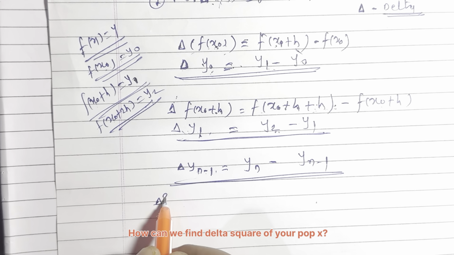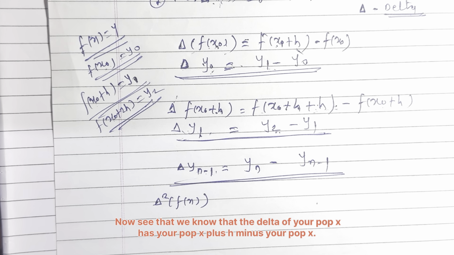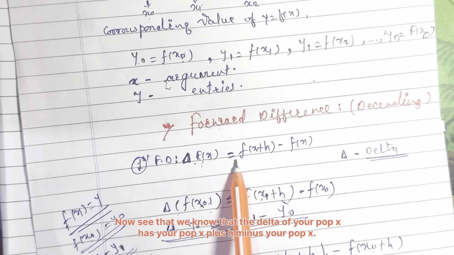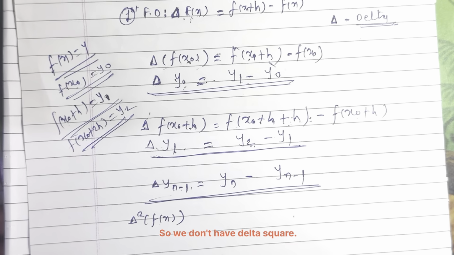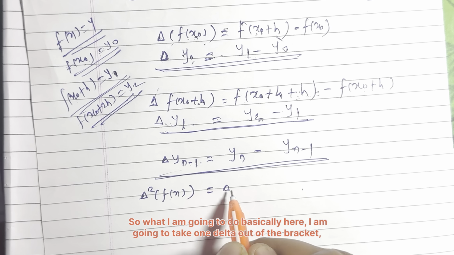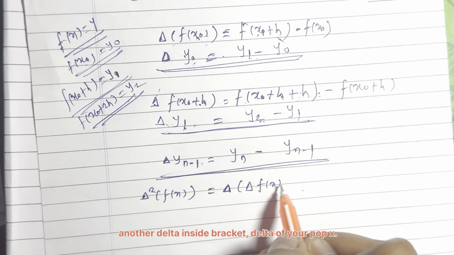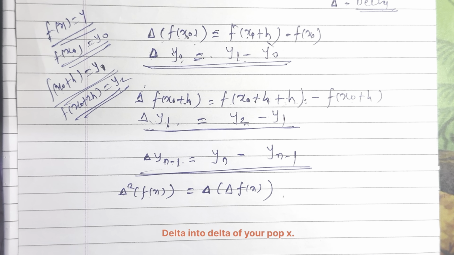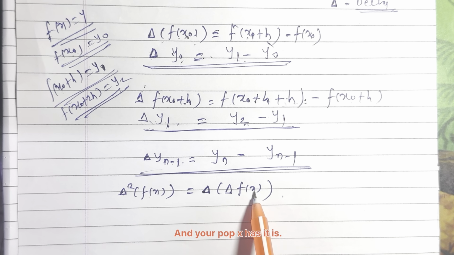How can we find delta square of f of x? Now see that we know that delta of f of x is f of x plus h minus f of x. We don't have delta square, so what I'm going to do here is take one delta out of the bracket and another delta inside, delta of f of x. Delta into delta goes to delta square, and f of x as it is.